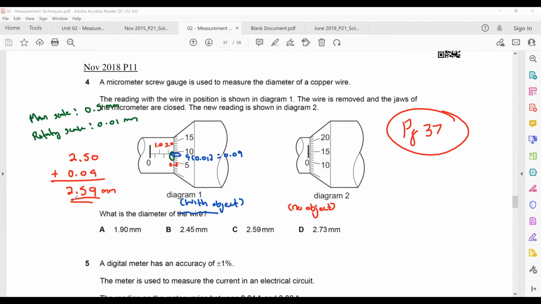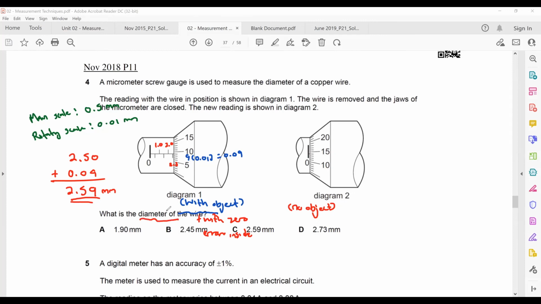Wait, so the second diagram, we don't have to use that at all? For the second diagram, you will still need to find out the zero error. This one is with the object with zero error inside, but they still need you to find it without the zero error.